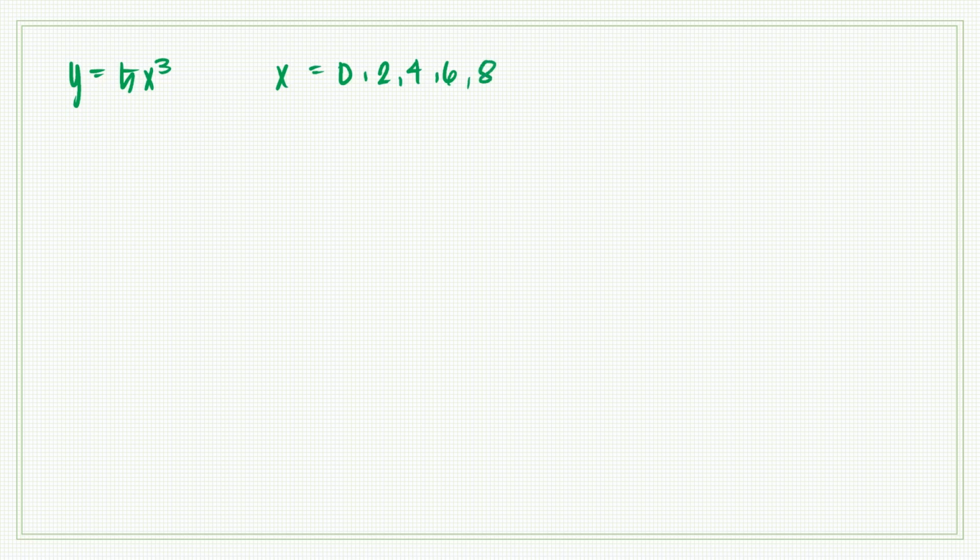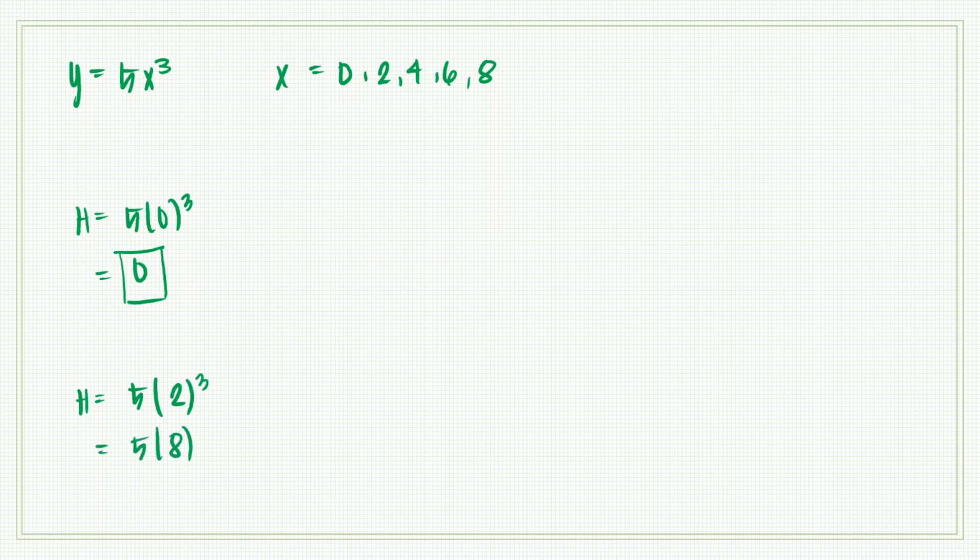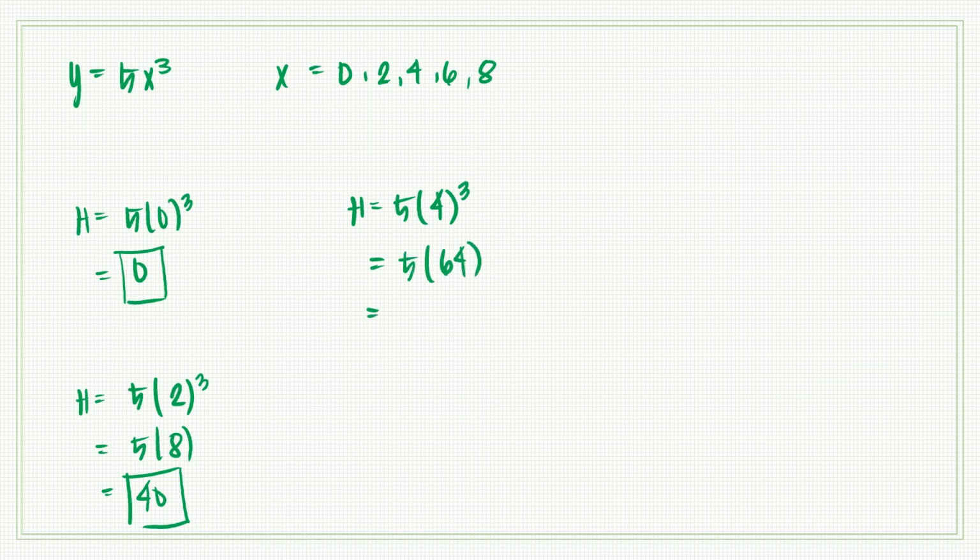So, y equals 5x cubed would be 5 times 0 raised to 3, which is going to be 0, 5 times 2 raised to 3, 2 raised to 3 is equal to 8, multiplied by 5 is equal to 40. 5 times 4 raised to 3, 4 raised to 3 is equal to 64, times 5 is equal to 320.